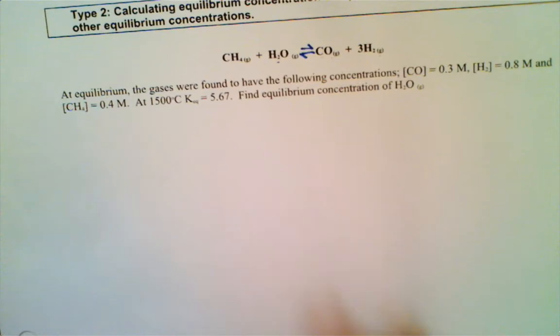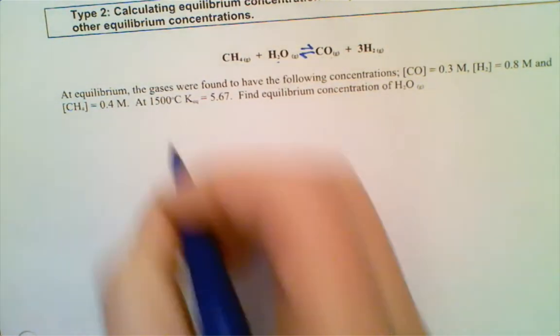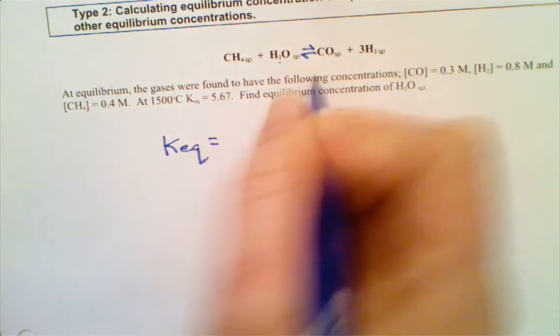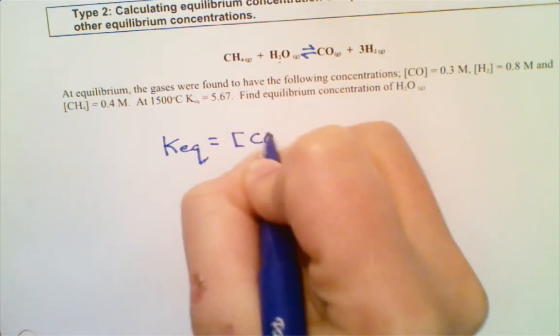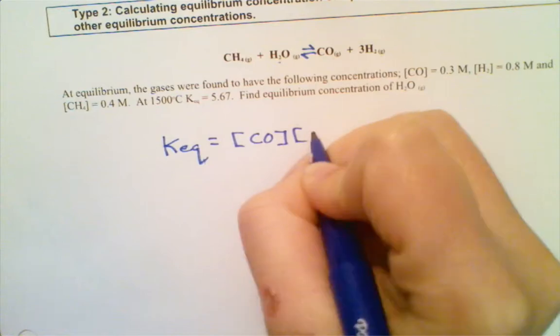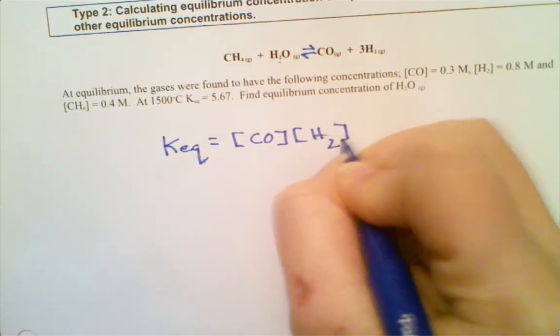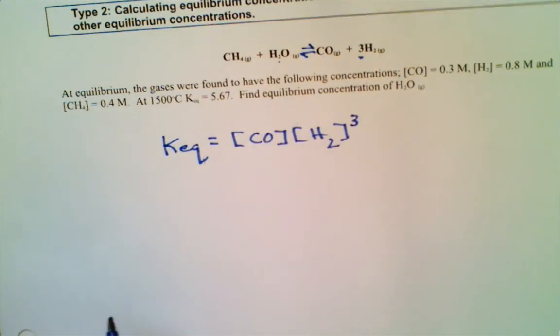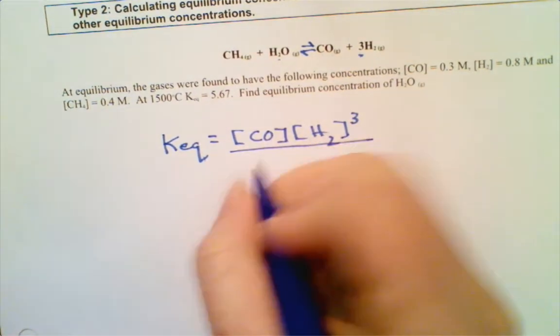Perfect. Then what we want to do is automatically set up a mass action expression. So we have our KEQ value is equal to our products. Now notice that H2 has an exponent of 3 because of that coefficient, all over your reactants.